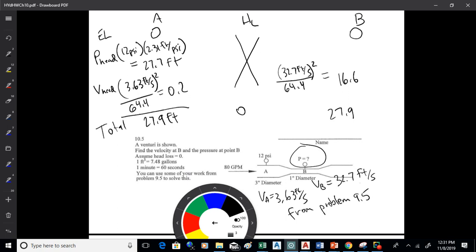All right? So based on that, you can figure out what the pressure head's going to be, because you got 27.9 and you got to use 16.6 for velocity head. So what you're left over with then is 11.3.